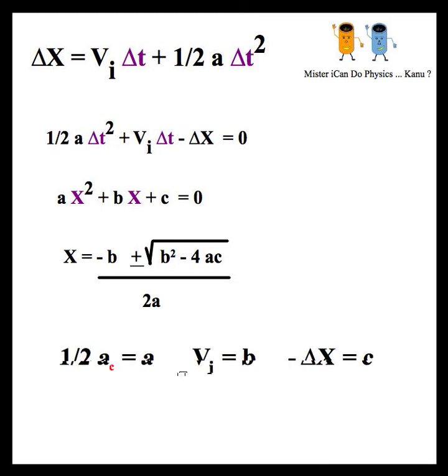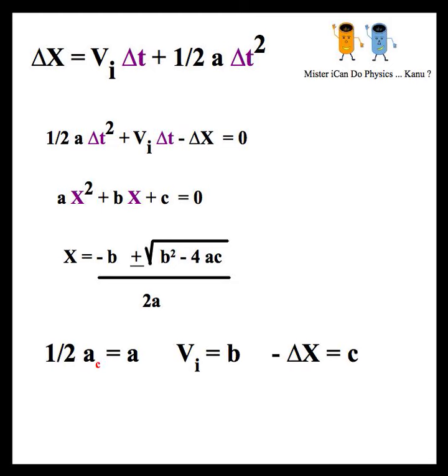Now, to solve this problem, all we need to do is realize that the a in the quadratic corresponds to 1/2 a in our physics equation. I have added a subscript c because that's really the acceleration coefficient in our physics equation, and some students confuse the two a variables.